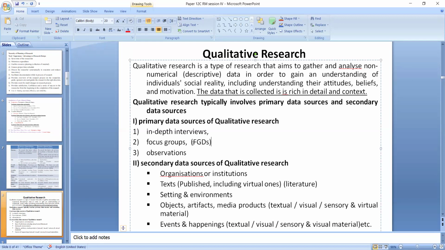But so when you are observing all this, that is this bullet number 3, 4 and 5, when you are observing it and noting down your observations, it goes into the primary data. But if you are getting the information, data, and details about all this, and you are going to analyze it, it is secondary data.